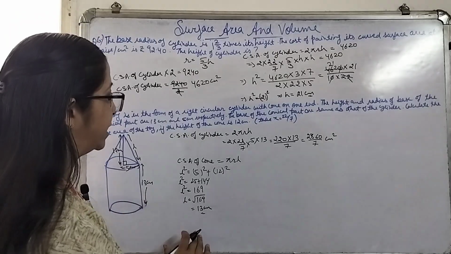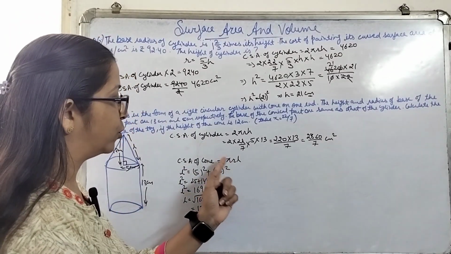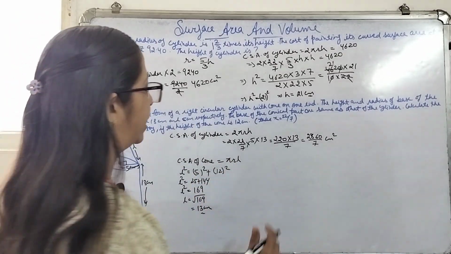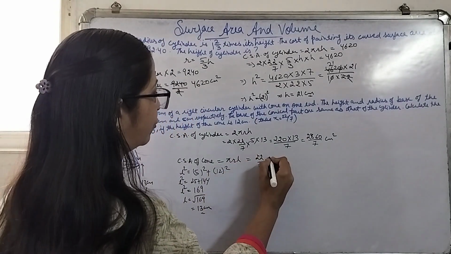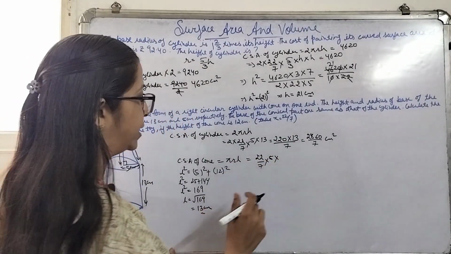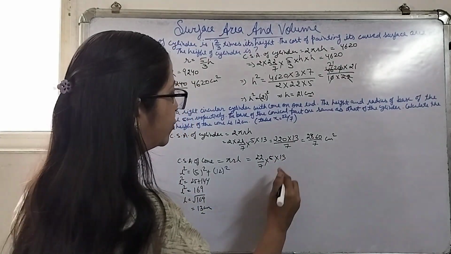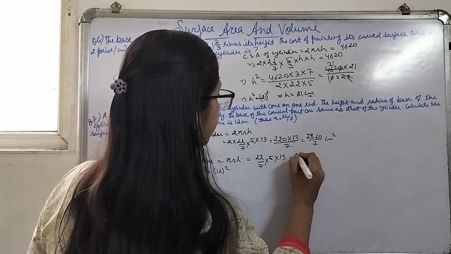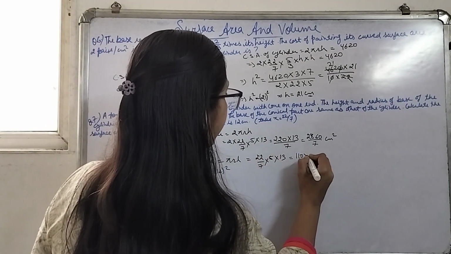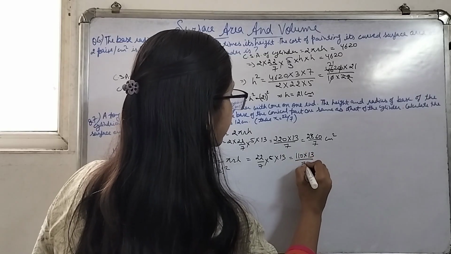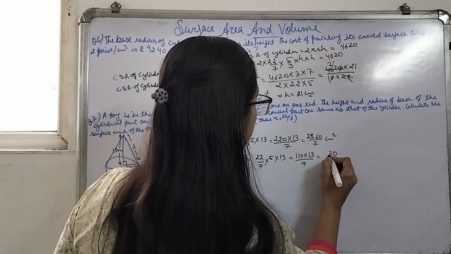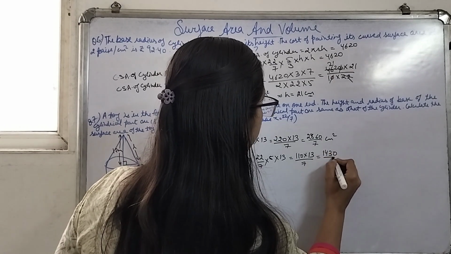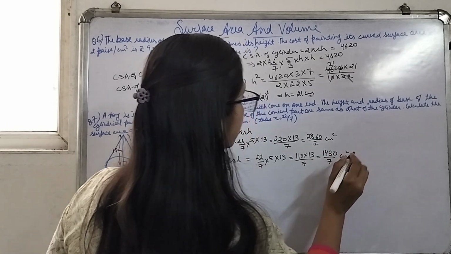Now the curved surface area of the cone, given by pi RL, will be 22 by 7 times 5 times 13. So 5 2s are 10, it is 110 multiplied by 13 divided by 7, or 13 1 is 13, 13 1 is 13, 1430 over 7 centimeter square.